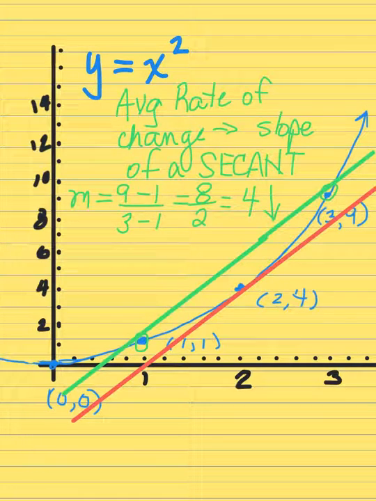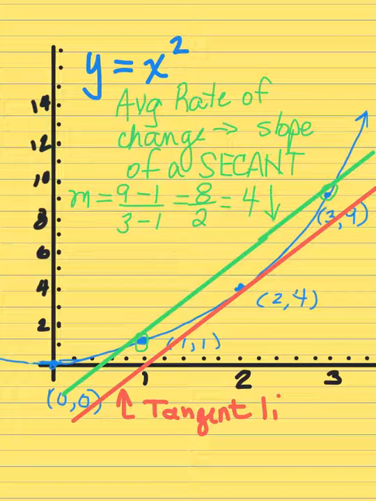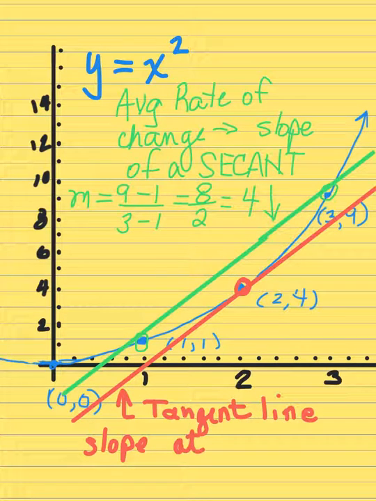And so the line that I have now is called a tangent line. And what I would like to be able to do is find the slope of the curve, which would be the same as the slope of that tangent line, at the point 2, 4.